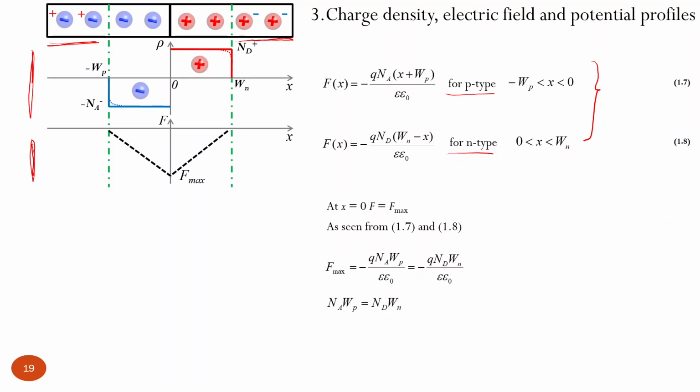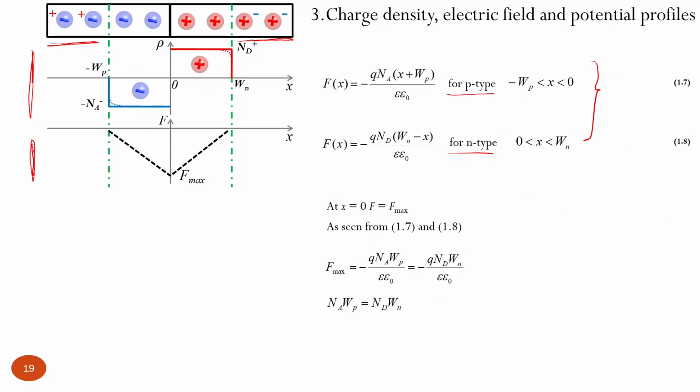And because there is no discontinuity in the electric field, we should have a condition that the electric field from the p-type semiconductor should be equal to that at the n-type. From left and right side, they should be the same at the interface.